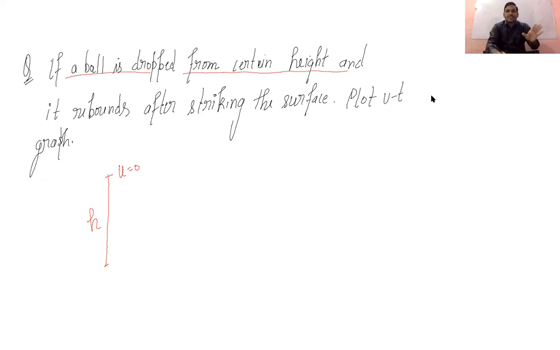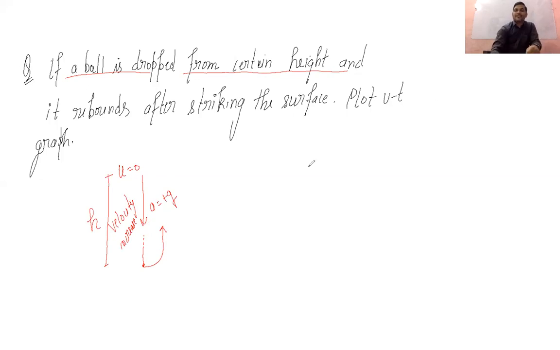It will be zero, as the ball is moving downward. So velocity is going to increase, and acceleration due to gravity is along the direction of velocity, positive and constant. Once it reaches the ground, it rebounds.